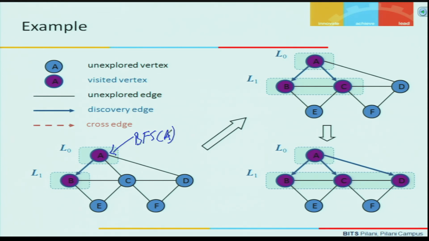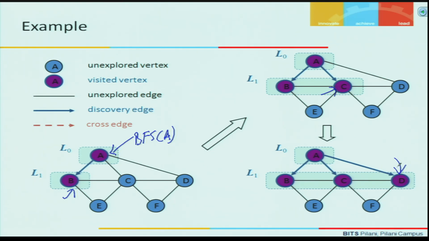Now, in the first stage we will visit all the vertices which are at a distance 1. So, initially L0, which is the Q, has only A inside it. Now, we will insert B and then C and then D, and all these edges are going to be discovery edges.